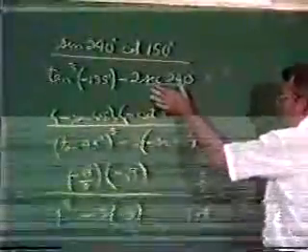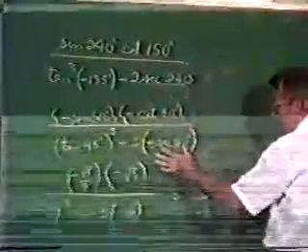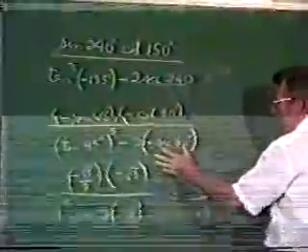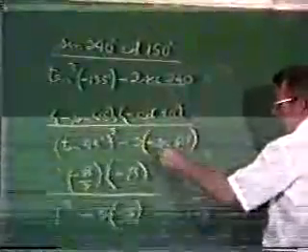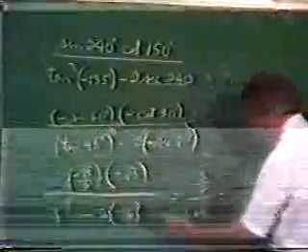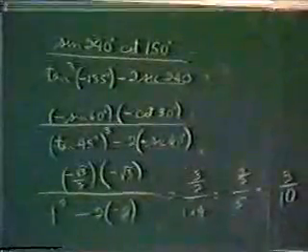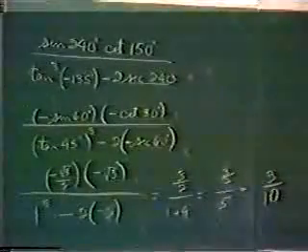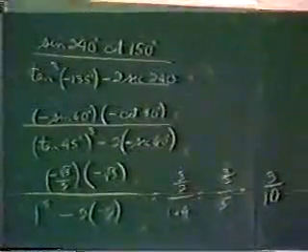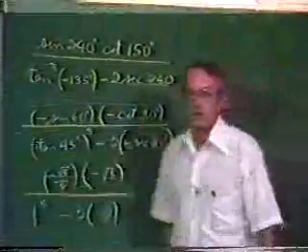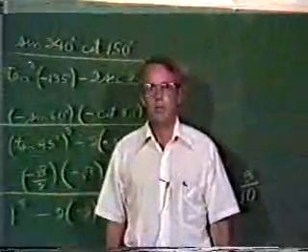The secant of 240 happens to be the secant of 60 in quadrant 3, which makes that negative. And filling this in, going back through, as you see the correct numbers, this is the final answer. This concludes the tape on Chapter 4.